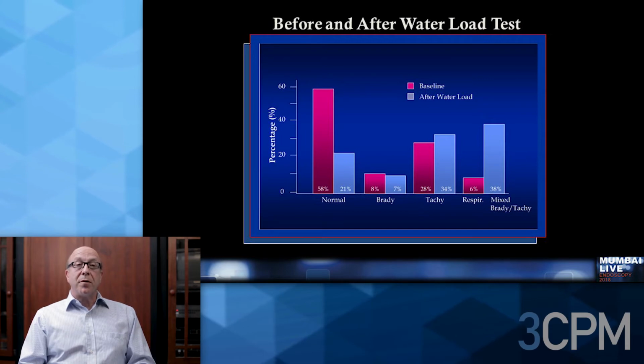And then when you stimulate the patient and the stomach begins to distend under the force of the water load, we see a decrease in the normal 3 cycle per minute activity, and then more bradygastria, slow rhythms, tachygastria, faster rhythms, and then sometimes a mix between the brady and the tachygastria, again brought out by the water load. So that's the importance of the water load test.